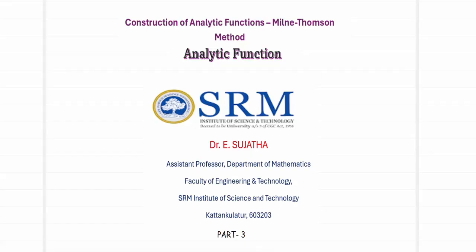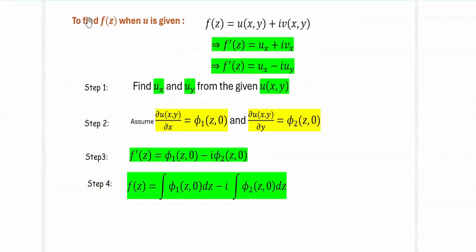So what is this Milne Thomson method? Say suppose we have been given the real part u and we have to find the analytic function f of z. So the idea is to find or construct the analytic function f of z, either if we have been given the real part or the imaginary part.